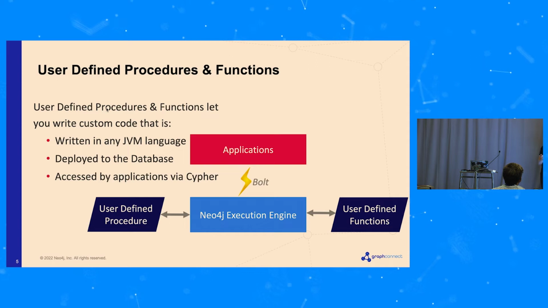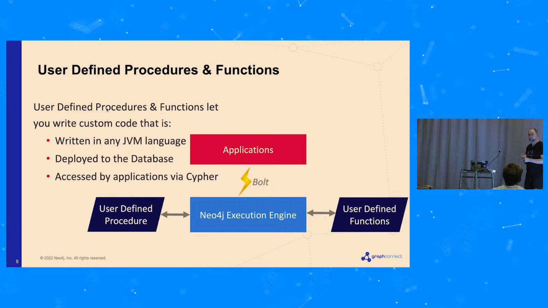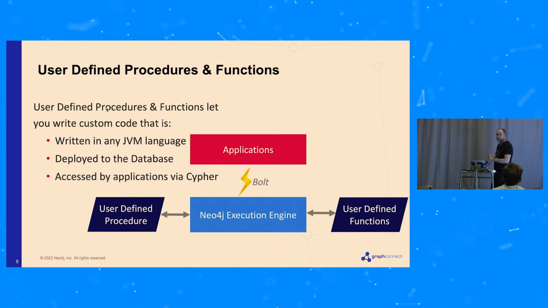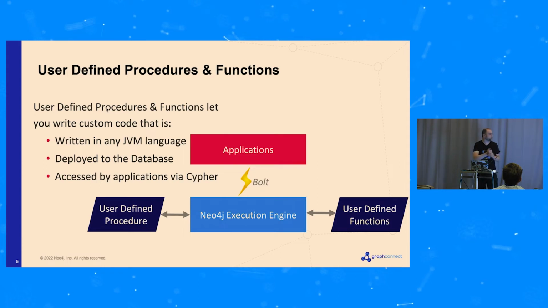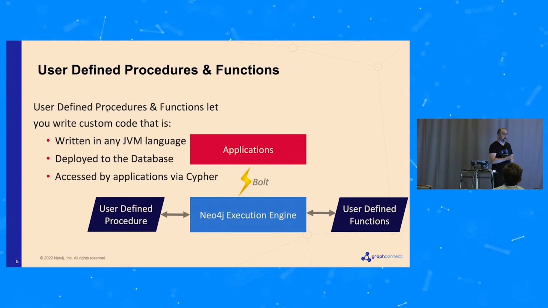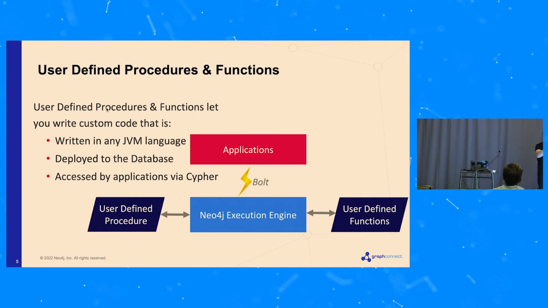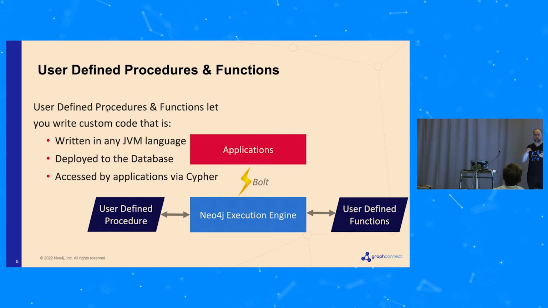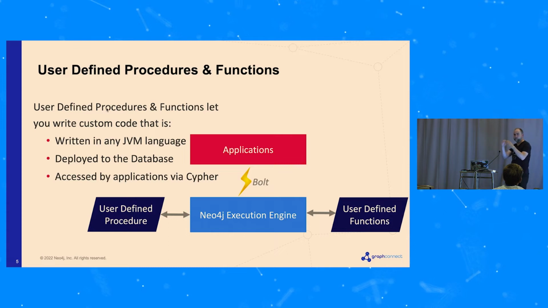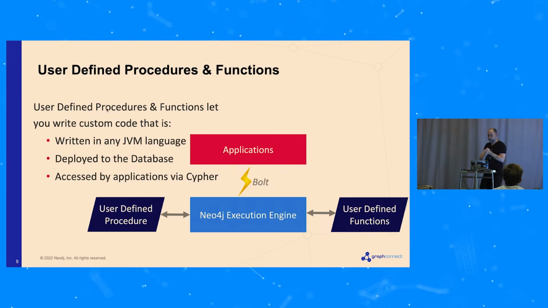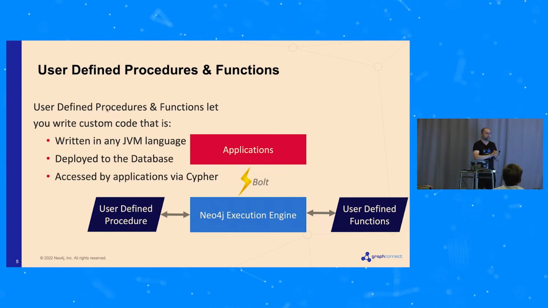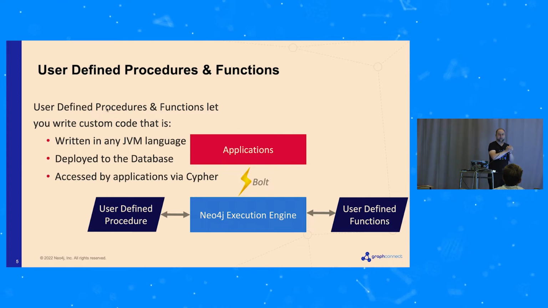To be honest, I also nagged one of the developers who was working on that in the last month before release to change the approach for user-defined procedures, to make them not just top-level entry points so that you can just run a procedure and nothing else, but to make them composable so they can be parts of the Cypher query itself, right? I know that it caused some downstream complexities in the Cypher code, so I apologize for that.